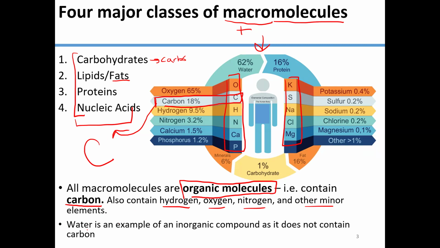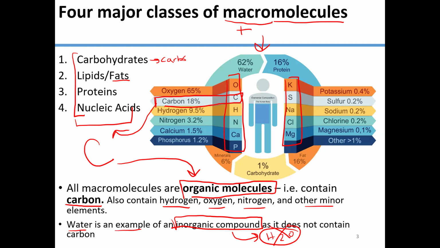Now, water is an example of an inorganic compound. Anytime an organic molecule is mentioned, it means that it contains carbon. As you know, water is H2O, and you can see that it does not have any carbon in it, meaning that this is considered an inorganic compound. To summarize this slide, we have our four major macromolecules.